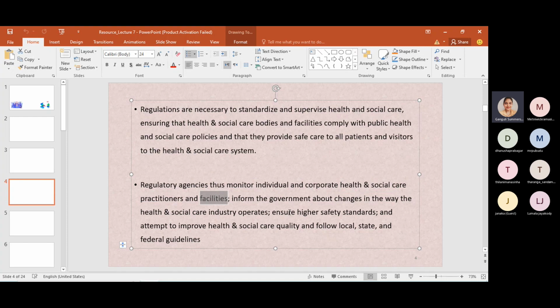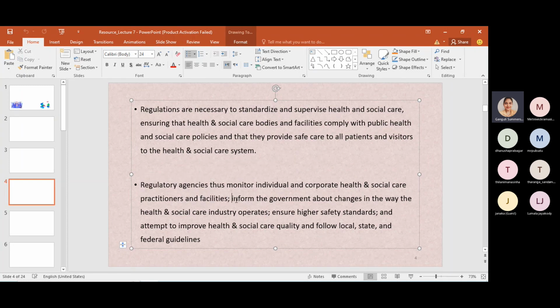Facilities means organizations, companies, basically workplaces. The regulatory agencies will check these people and these workplaces to see whether they follow the necessary standards or not. So that is one thing done by the regulatory agencies.